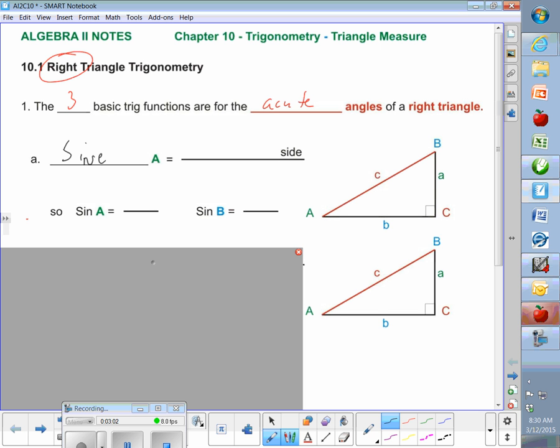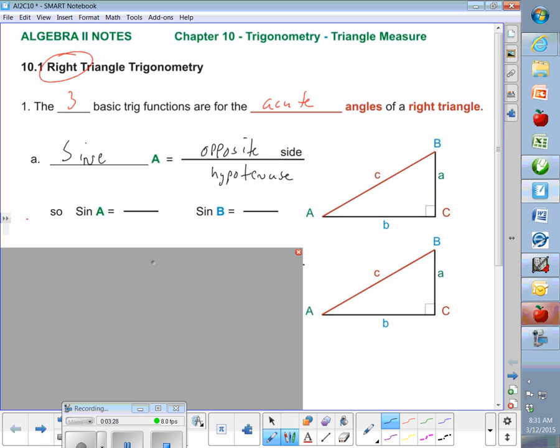So you can raise your hand and tell me what the sine is. What side over what? Noah? It is the opposite side, so you got that one right. But it's not over the adjacent, so the only thing left is the hypotenuse.